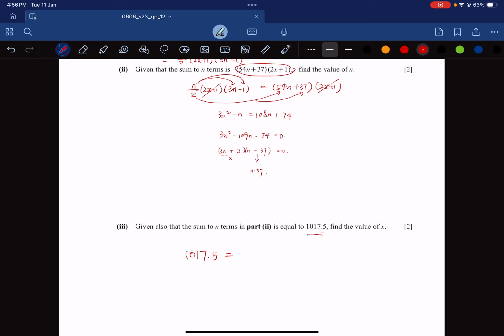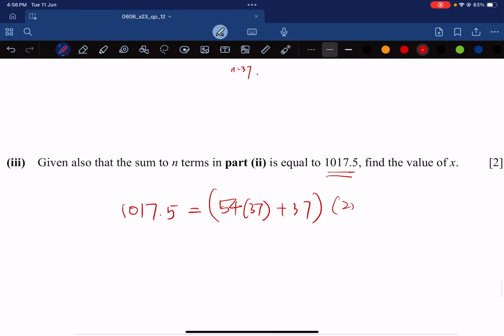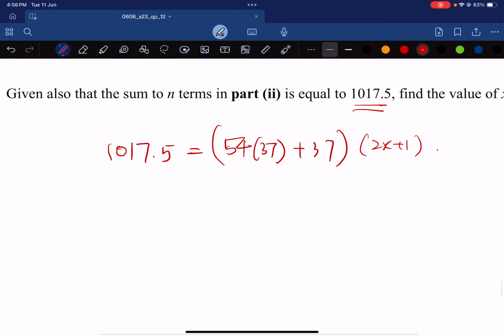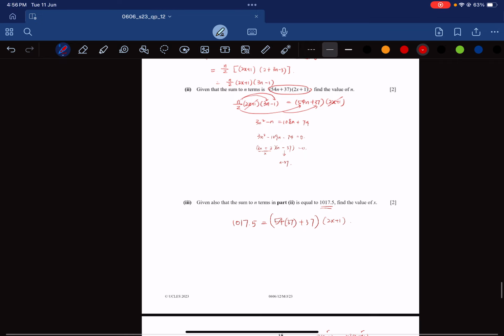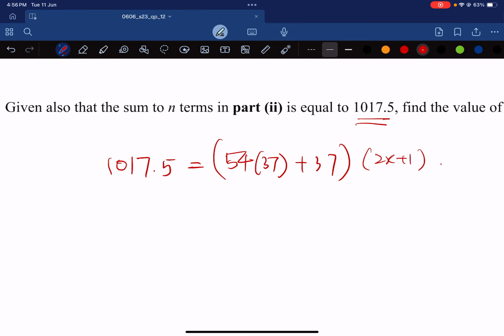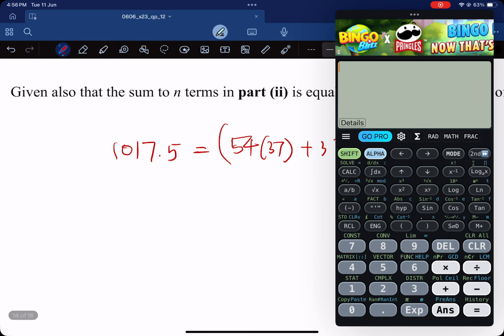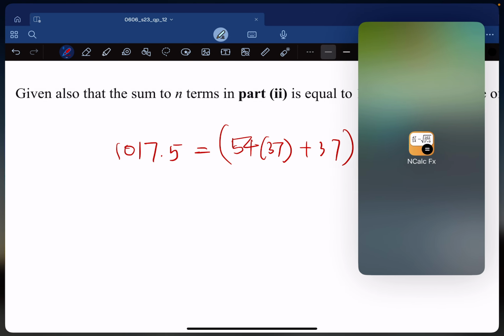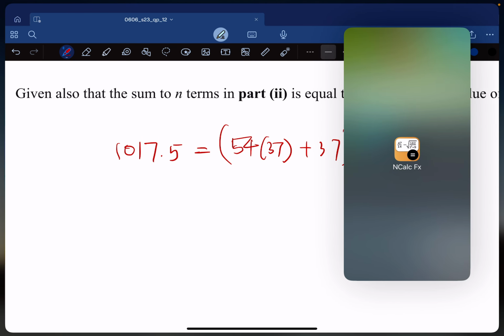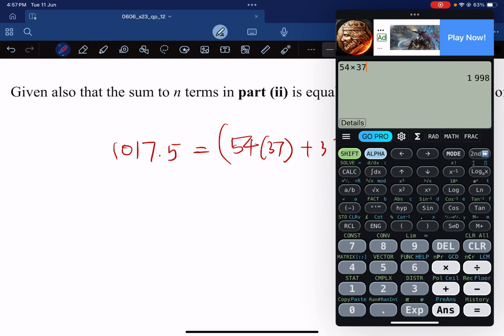So 1017.5 should equal 54 times the n that we found just now plus 37, times (2x plus 1), right? Okay, so I guess just calculate. Oh, 54 plus 37, it should be 55 times 37, right?